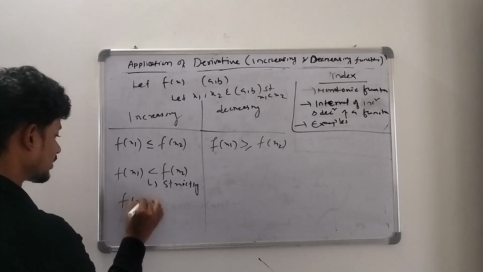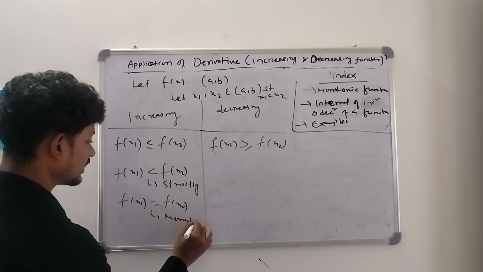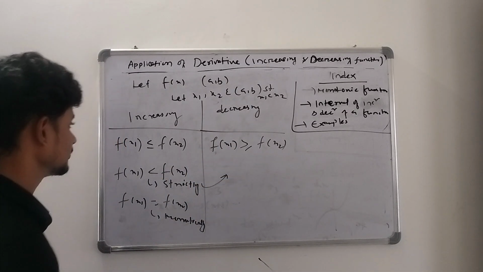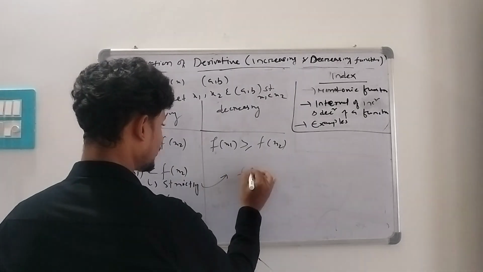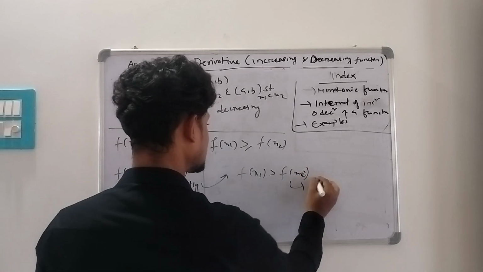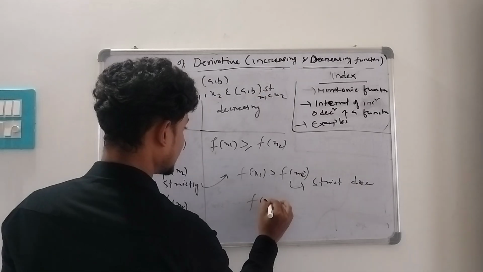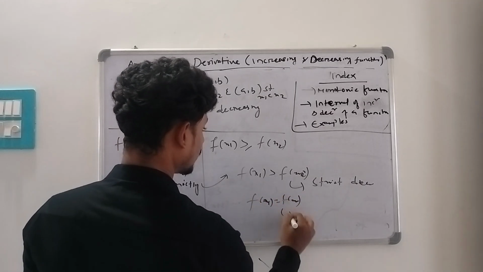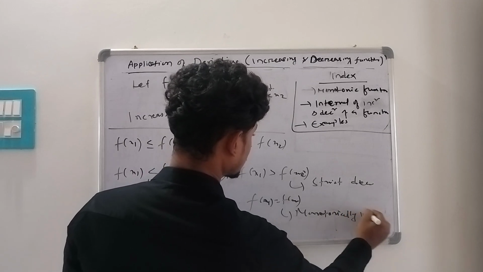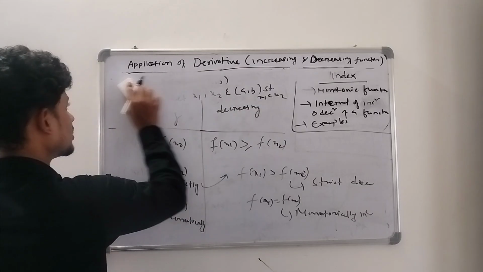If f of x1 is equal to f of x2, then it is called a monotonically increasing function. Similar is the case for the decreasing function. If f of x1 is greater than f of x2, then we call it a strictly decreasing function. If f of x1 is equal to f of x2, then we call it monotonically decreasing. So this is the general definition of increasing function and decreasing function.